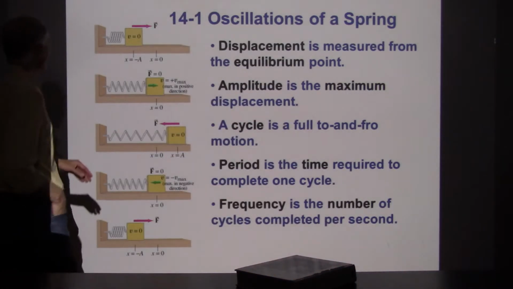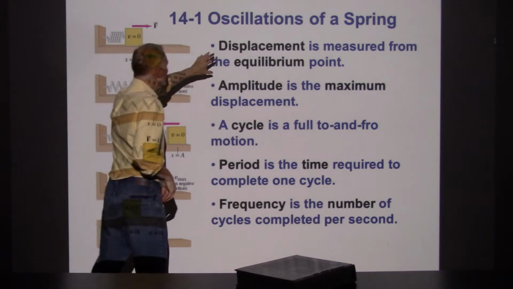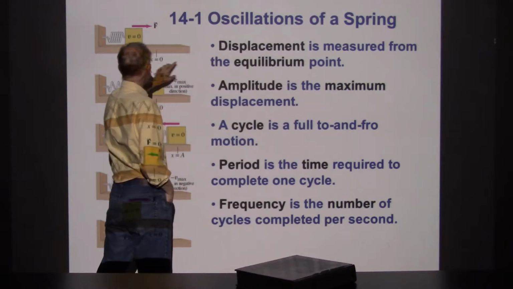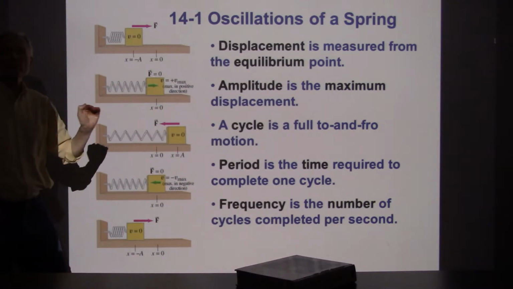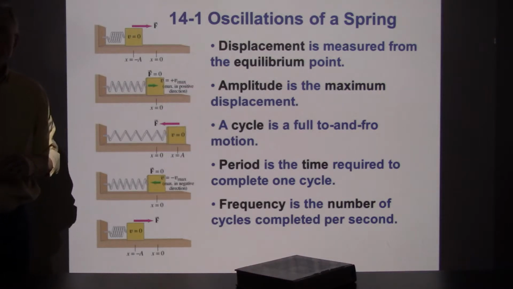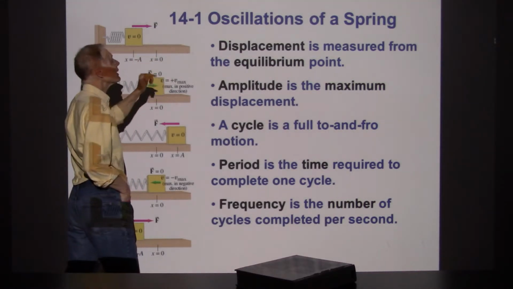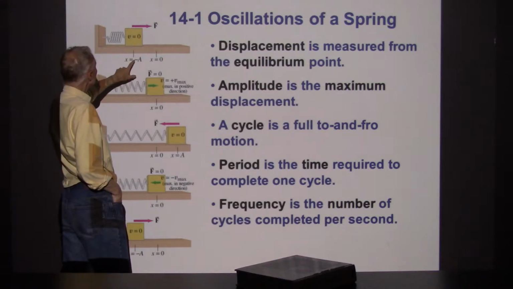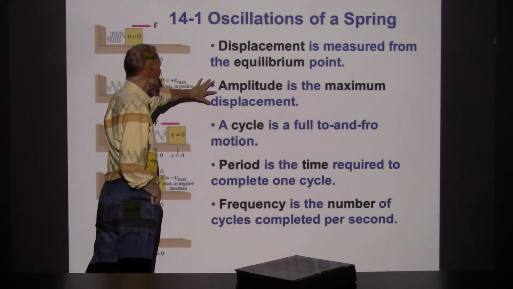As this thing oscillates back and forth, the displacement is x, measuring our distance from the equilibrium point. The equilibrium point is x equals 0, and as this oscillates back and forth, x is going to vary. The largest displacement is called the amplitude.